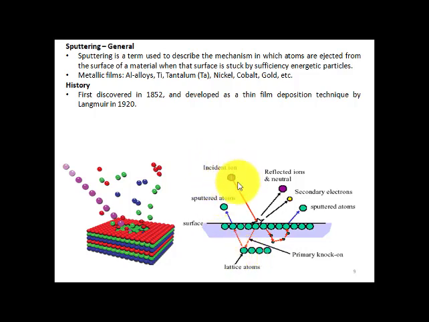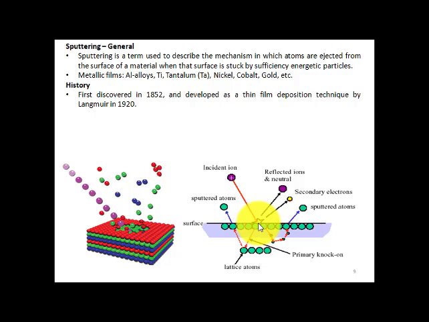This is the incident ion, which is positively charged. This ion strikes the surface of the target or source material. After striking the surface, it can result in different things.